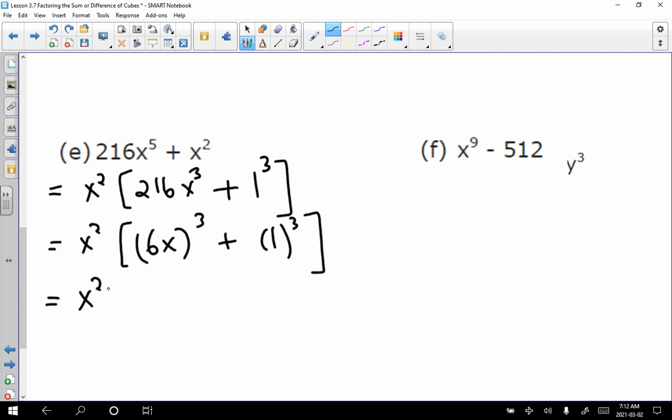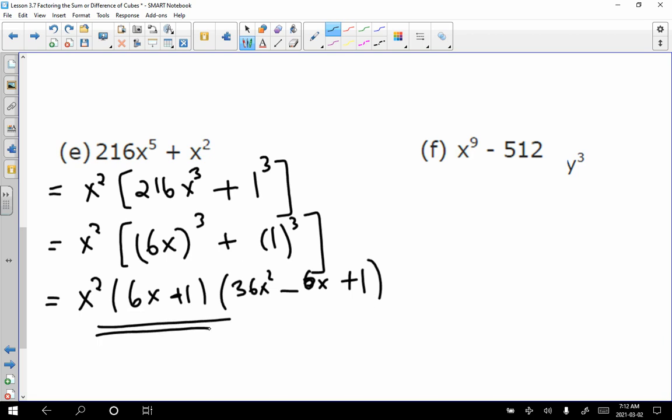Now you can use the formula. So you have to do all this work first before you could use the formula. So that works out to (a + b), so (6x + 1), times a squared, which is 36x^2, minus ab, which is minus 6x, plus b squared, which is plus 1. That's it.